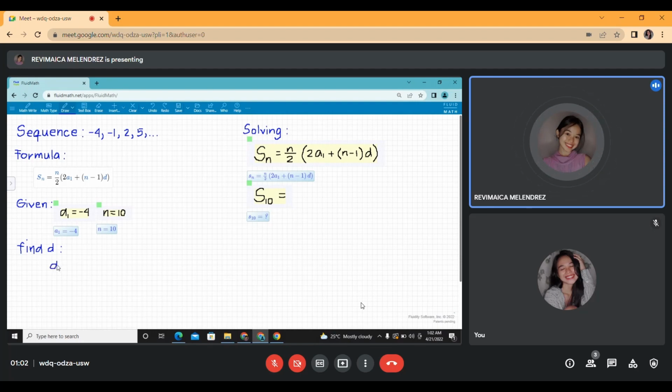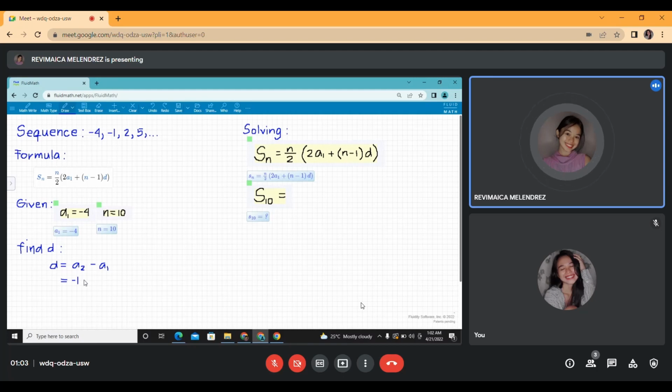So we have here d is equal to a sub 2 minus a sub 1 is equal to, okay, the second term is negative 1.